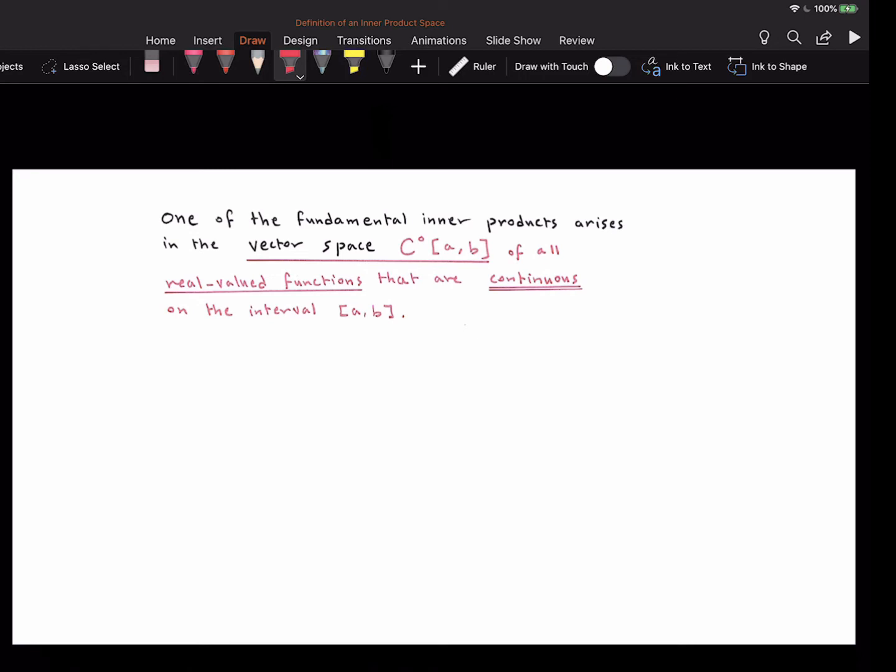One of the fundamental inner products arises in the vector space C^0[a, b], if you want to call it that way, of all real valued functions that are continuous on the interval from a to b.